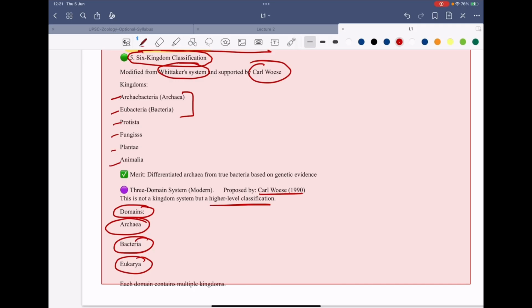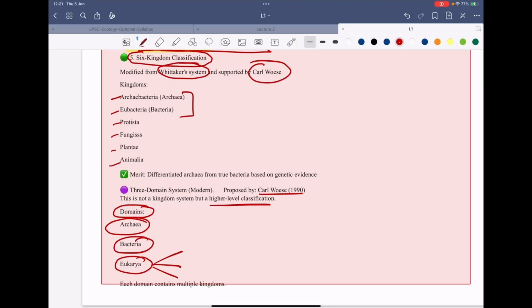And these domains contained further multiple kingdoms. So this was an advancement of the whole classification over the years, and it was important because organisms had to be classified in particular phyla, particular groups. So a proper hierarchy had to be made.